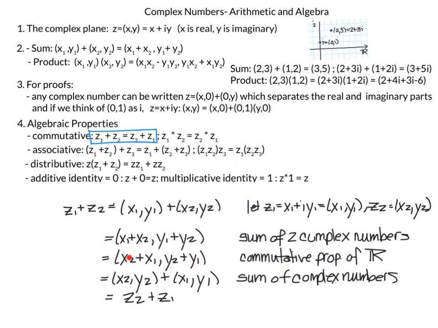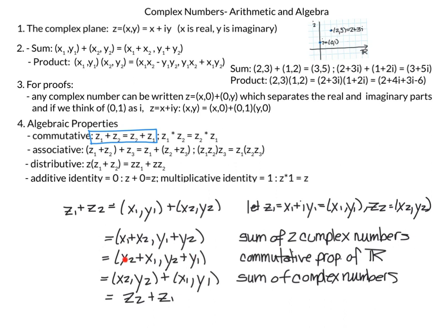And again, it seems kind of strange because I'm using the commutative property, which is exactly what I'm trying to prove. But here in my proof, by the time I get down to commuting x1 and x2, and also commuting y1 and y2, I'm talking about real numbers. They're no longer complex numbers. So I do know that real numbers commute.